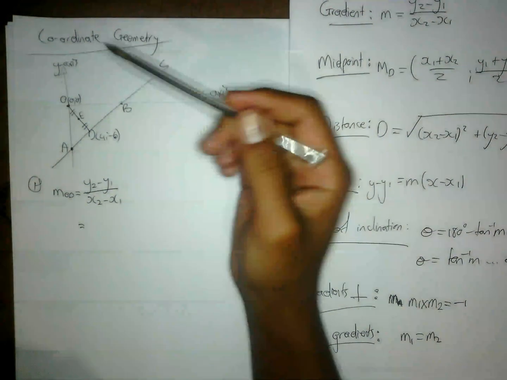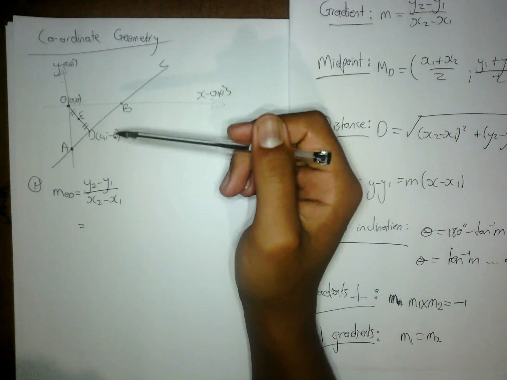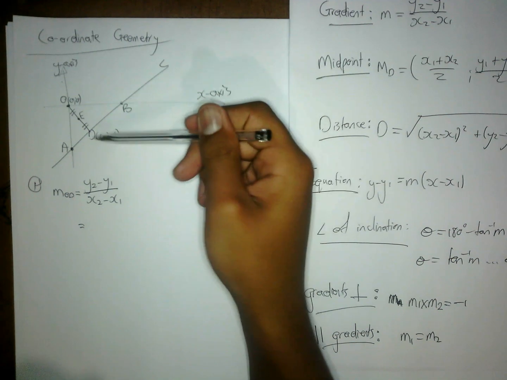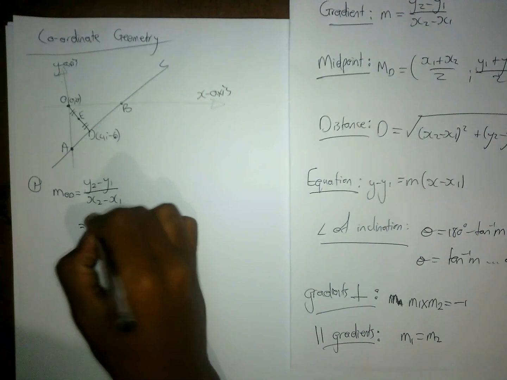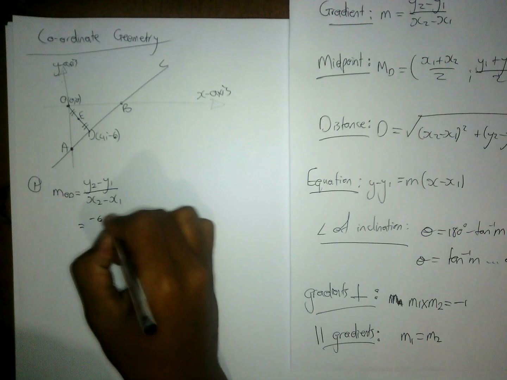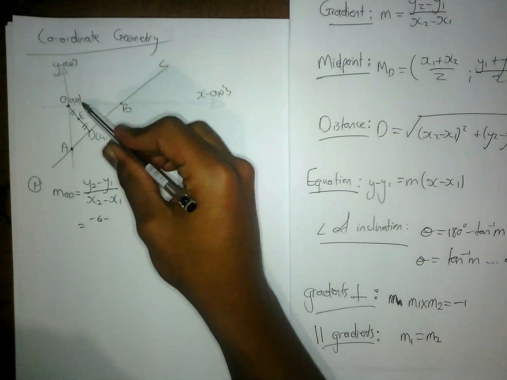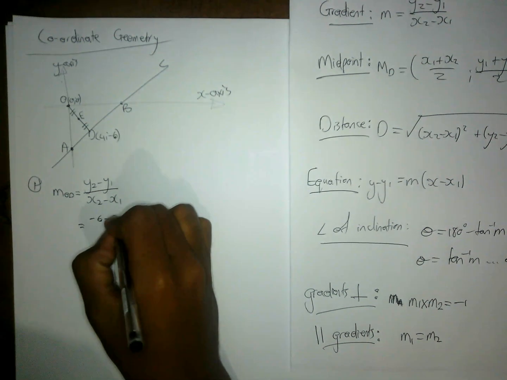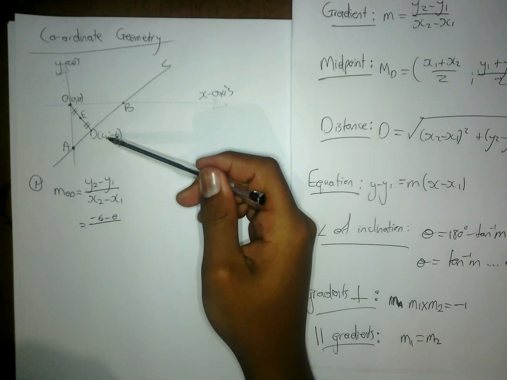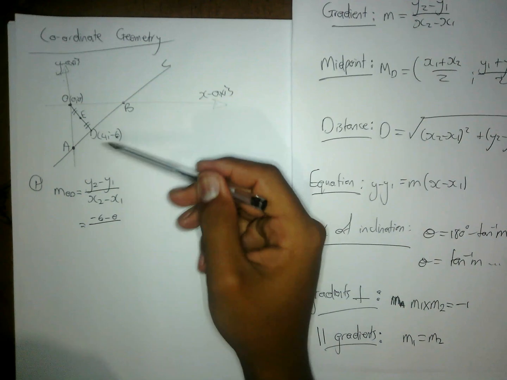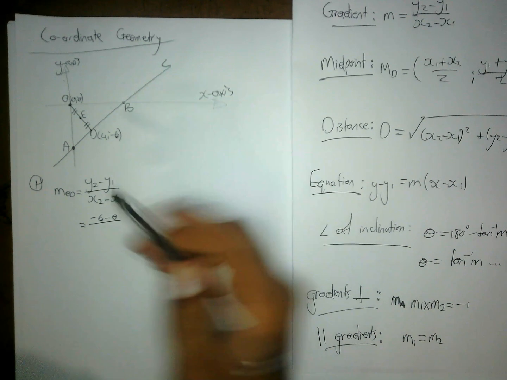Let us start with D. So we're going to take the y coordinate of D as -6 minus the y coordinate of O, which is 0, over, because we started with the coordinate of D first, we're going to start with the x value of D first again.